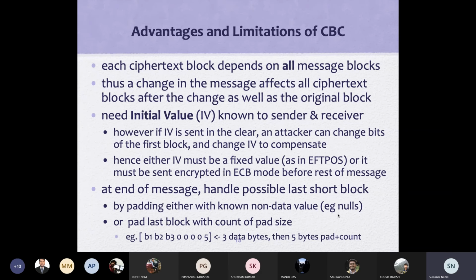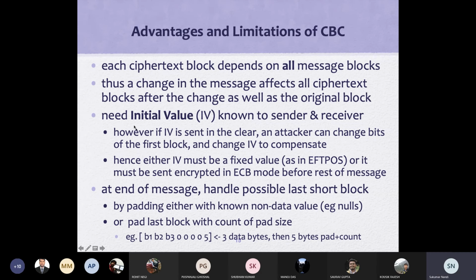Thus, a change in the message affects several ciphertext blocks. So basically, any message block change is reflected in all ciphertext blocks in the future.